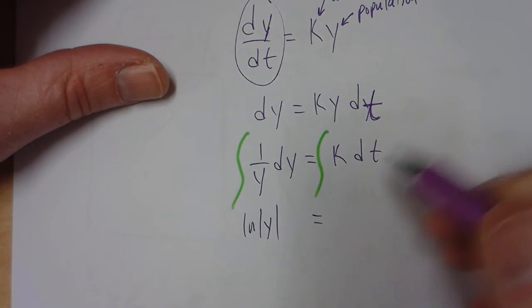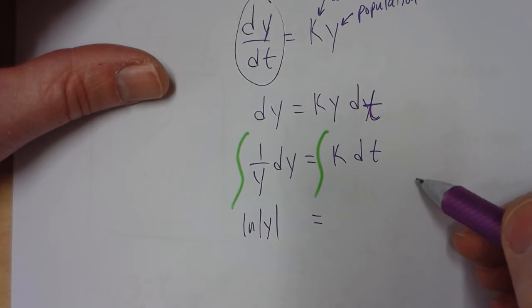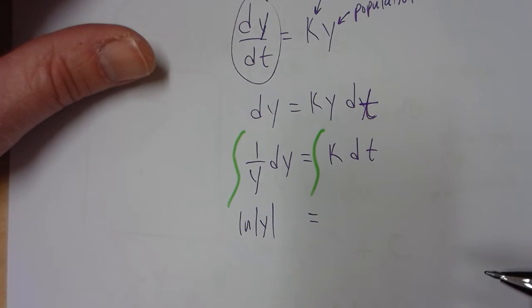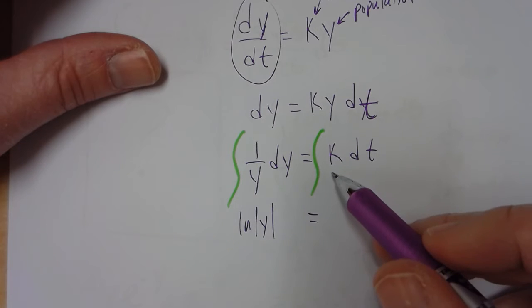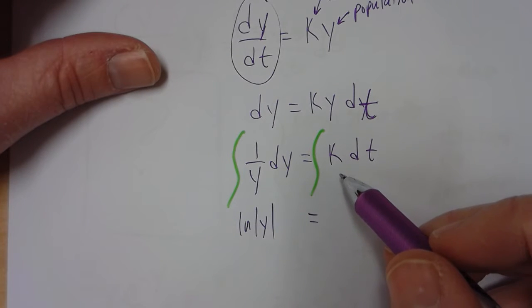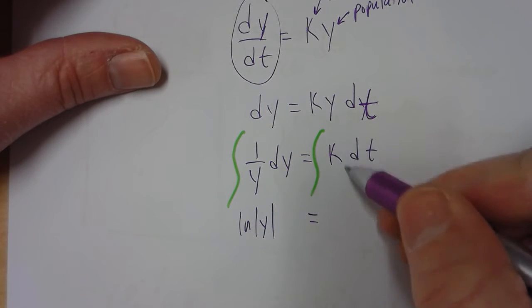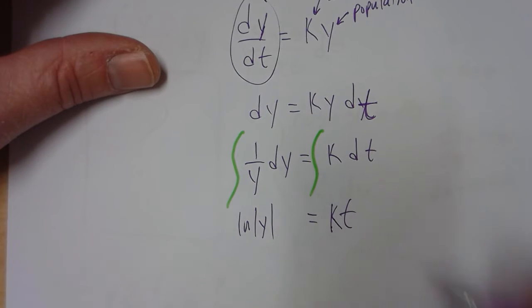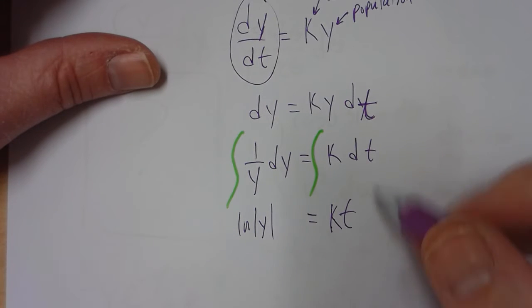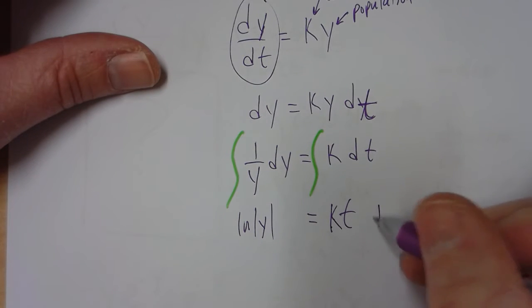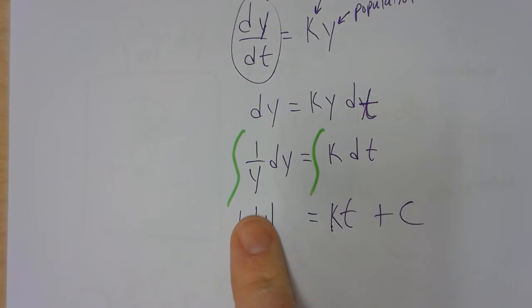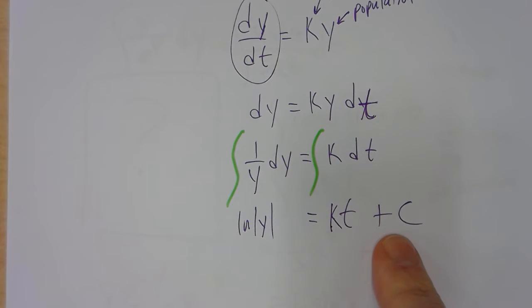But then over here, it's also going to be plus a constant. So we're going to make it one constant together. The integral of k dt would be kt, plus a constant. So we got one big constant here. This side would be plus a constant, that side would be plus a constant, so we just make it one constant on one side of the equation.